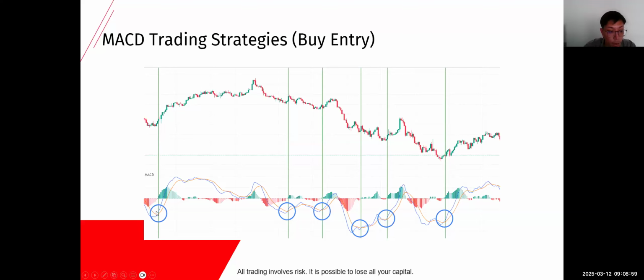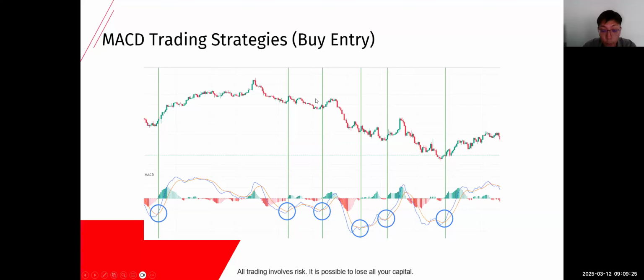You can see this, once you see the blue line crossing over the orange line, and then we have consecutive bullish candles, this is a sign of a buy entry. Then similarly at this area right here, we can see this is a buy entry as well, based off the crossover only.